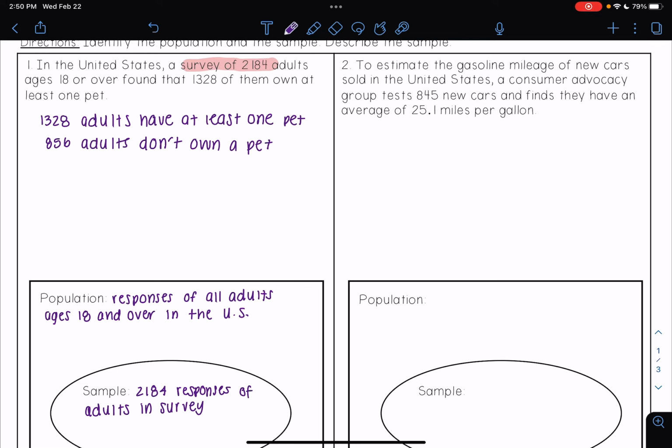So we're estimating the gasoline mileage of new cars sold in the United States. So the population would be the gasoline mileages of all new cars sold in the United States.